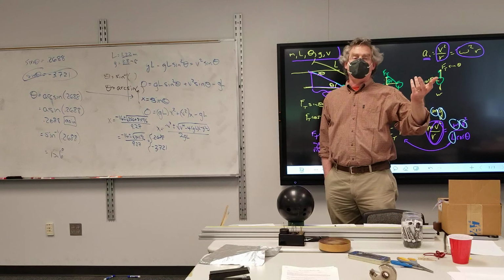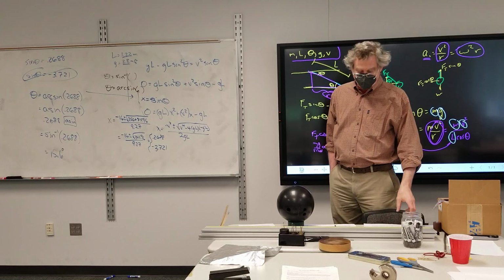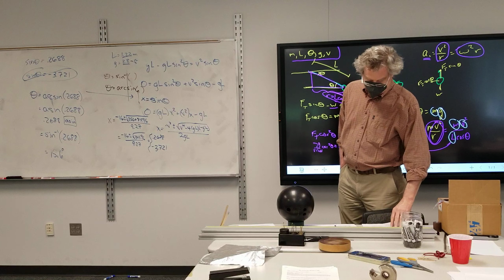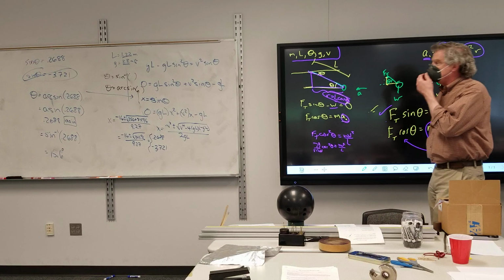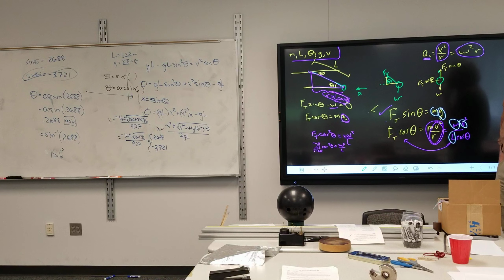Now, it's possible 15.6 radians is the same as 15.6 degrees, but that would just be a coincidence. All right, questions?